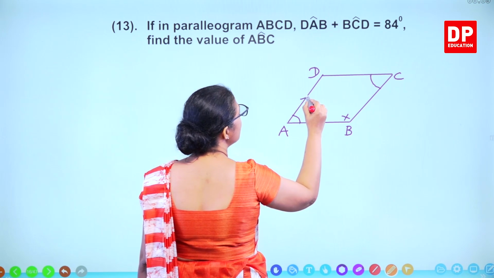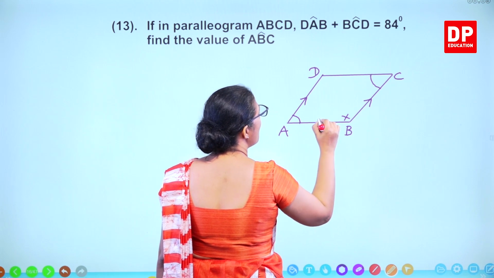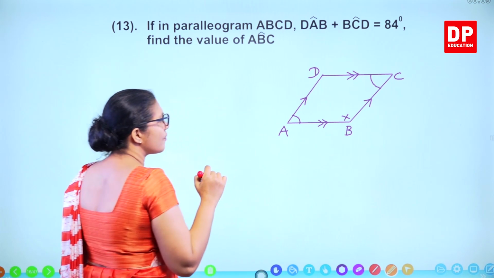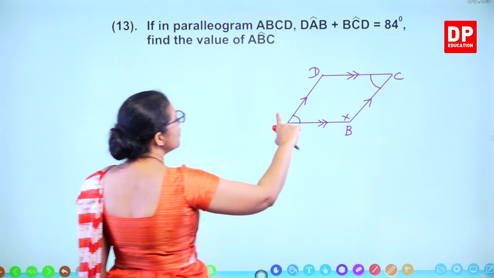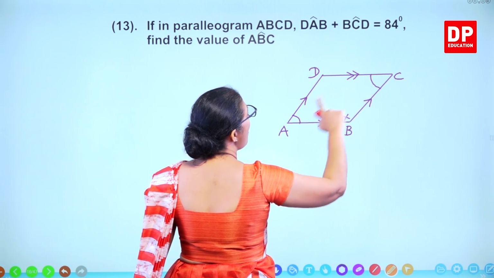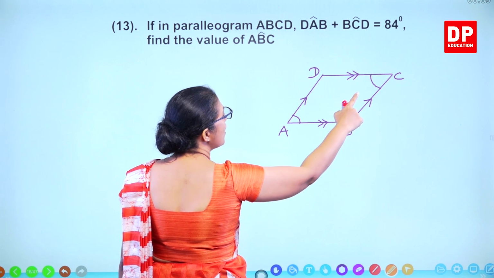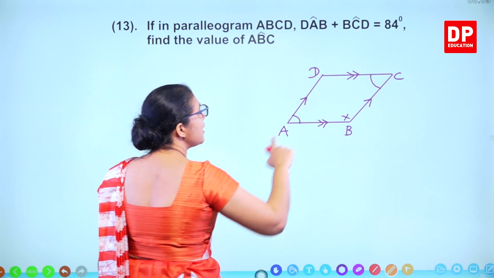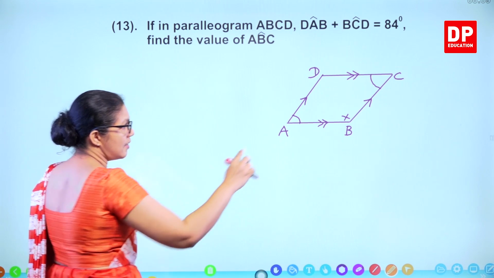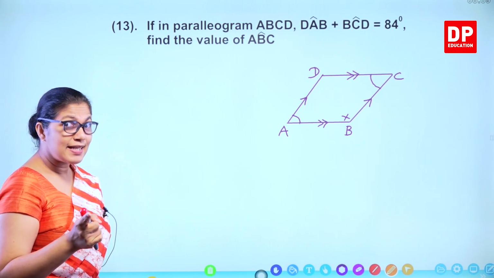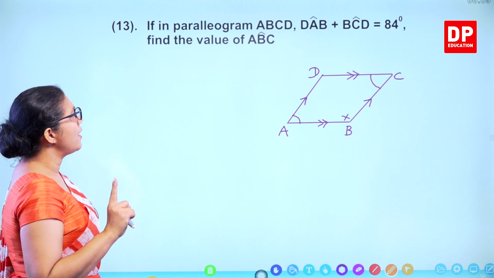Now parallelogram, we know opposite sides are parallel. So these two are equal to 84 means what is this one now? We can take half of it because opposite angles are equal in a parallelogram.